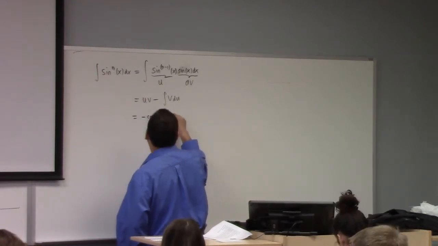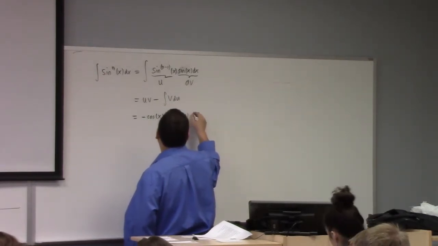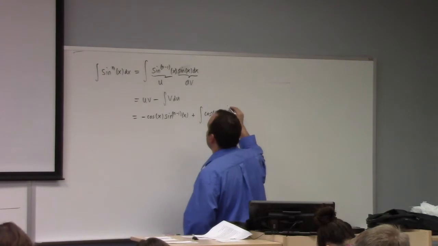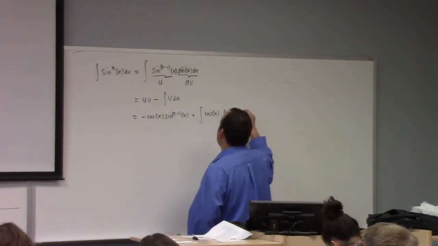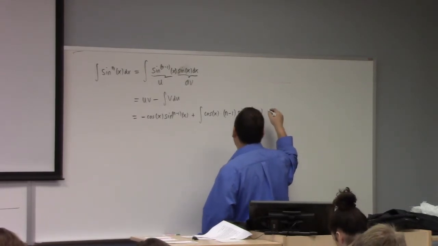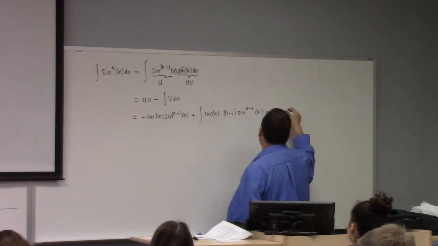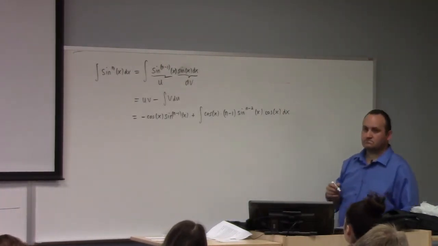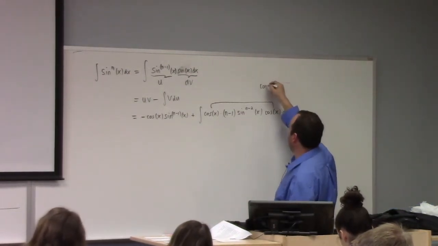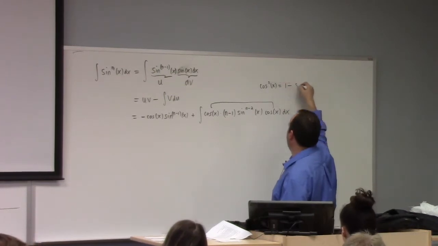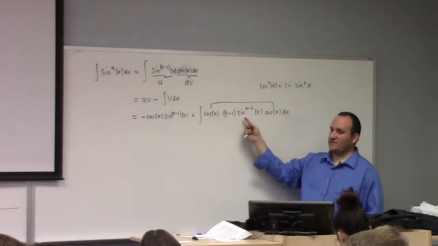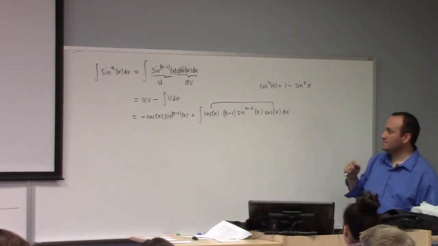Minus cosine, right? And that gives me n minus 1 sine to the n minus 2 power of x cosine of x dx. So you notice you got a cosine and a cosine here, right? So you trade that for 1 minus sine squared x. What happens when sine squared x hits sine to the n minus 1?